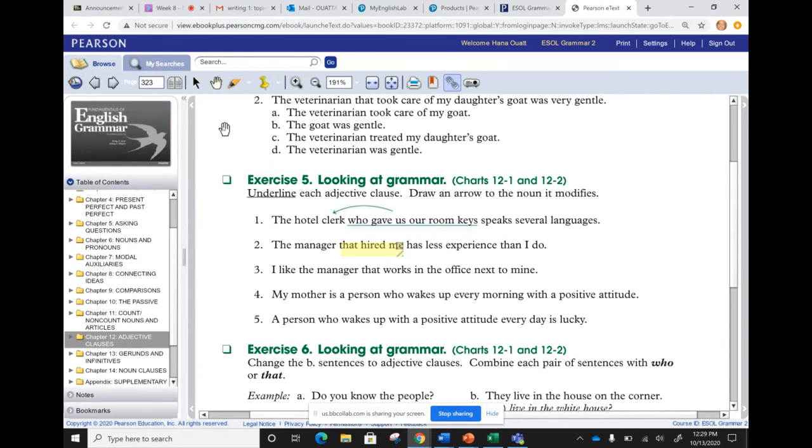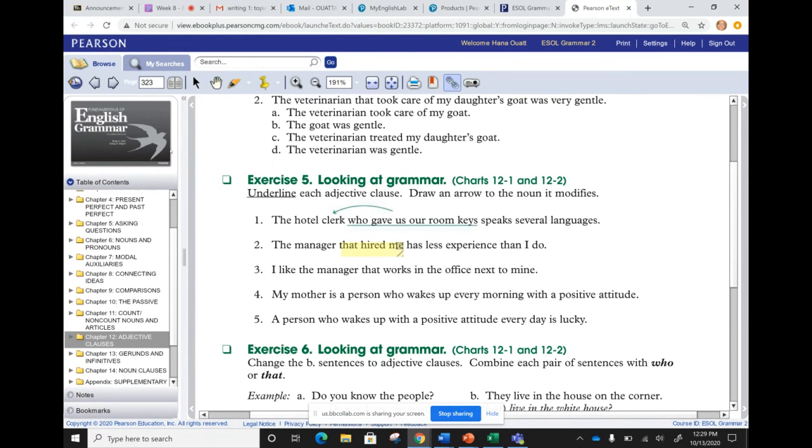Remember what I said: can we take out the adjective clause and still have a sentence? Yes, it's the manager has less experience than I do. That's how we know we found the correct adjective clause, because we can take it out and we still have a good sentence left.